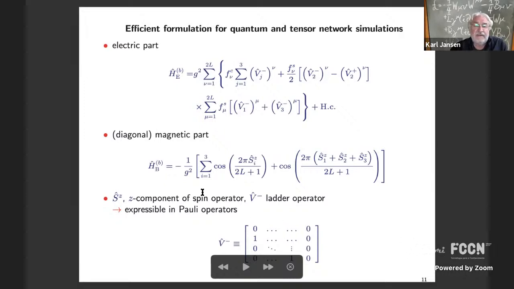And for the magnetic part, for the plaquettes, we use the third component of the spin operator. And you can show that if you use this, you can fulfill the commutation relations that we started with from the U1 theory. So this is a true and valid representation of the U1 theory with the truncation capital L.